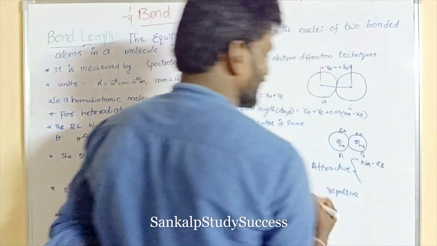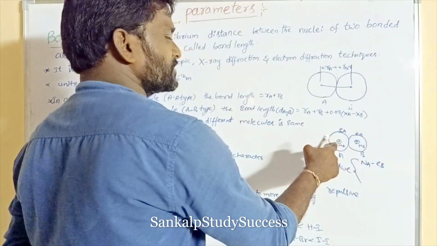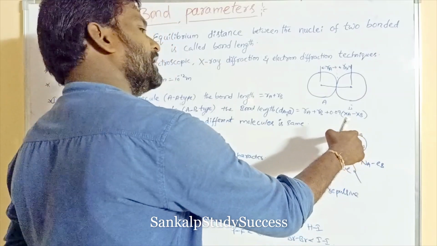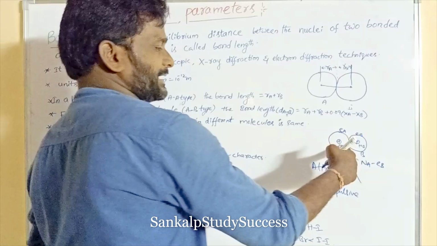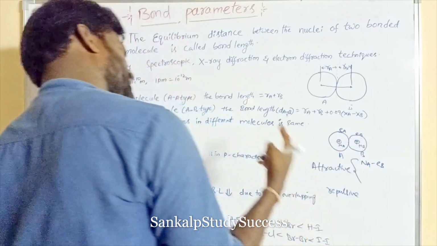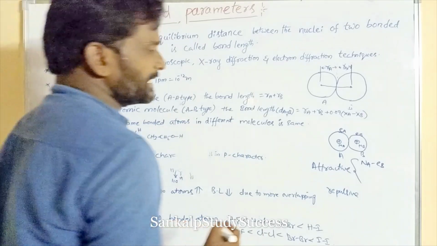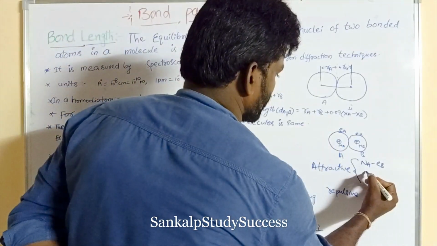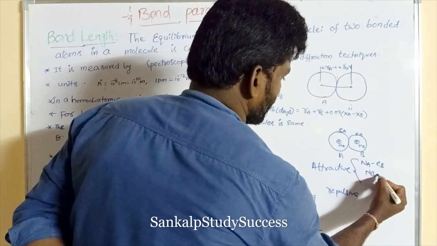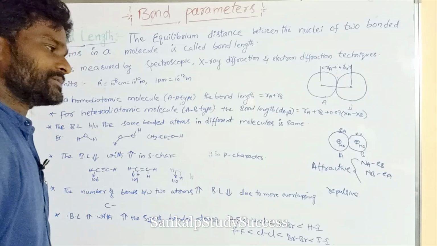Here the nucleus of A has a positive charge, and the electron of B has a negative charge. So an attractive force is present between the A nucleus and the B electron. Similarly, an attractive force is present between the nucleus of B and the electron of A. So these are attractive forces.